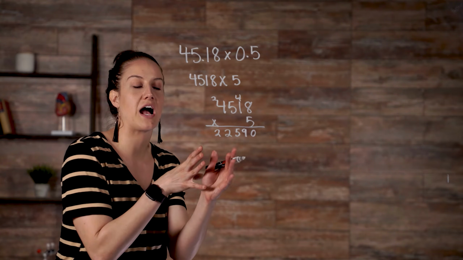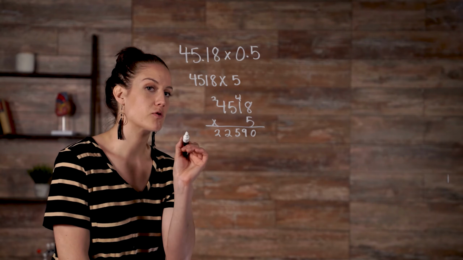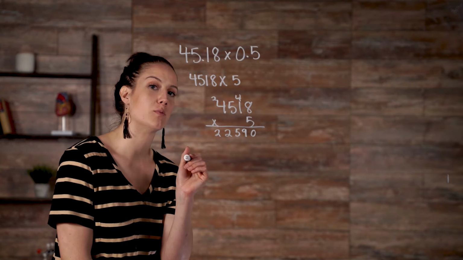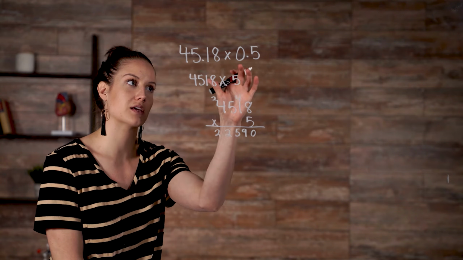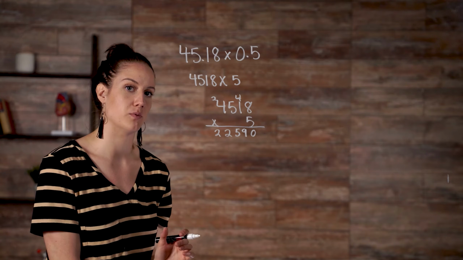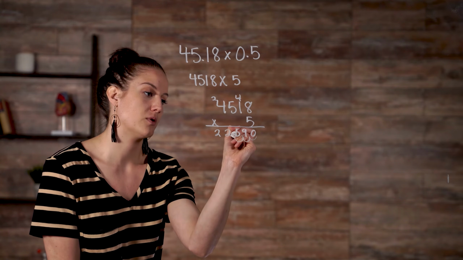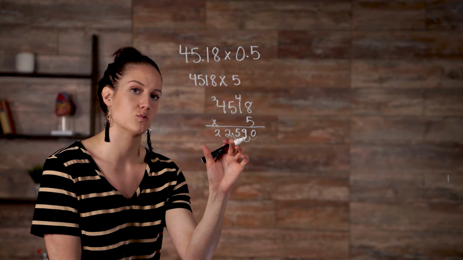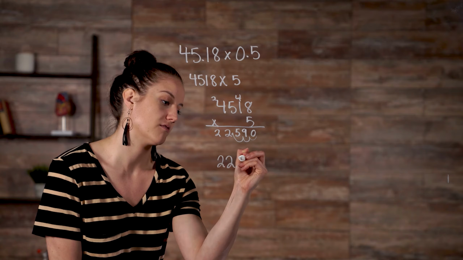So the first number we got was 22,590. But remember, we have to move our decimal point 3 places to the left because we had 3 numbers behind our decimal point here. So when we do that, our decimal point ends up right after our 22. So our final answer is 22.59.